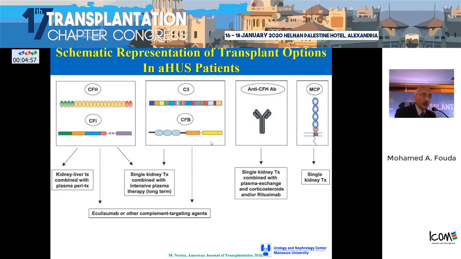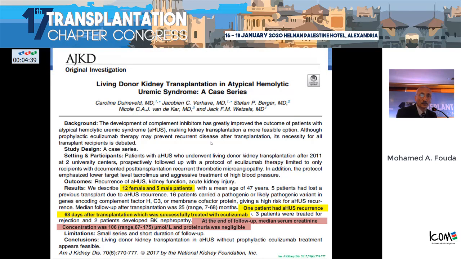However, this situation is difficult and is associated with significant mortality, and so the decision should be taken case by case. In C3 and complement factor B, single kidney transplantation combined with intensive plasma therapy could be recommended, but eculizumab should be ready for refractory cases.